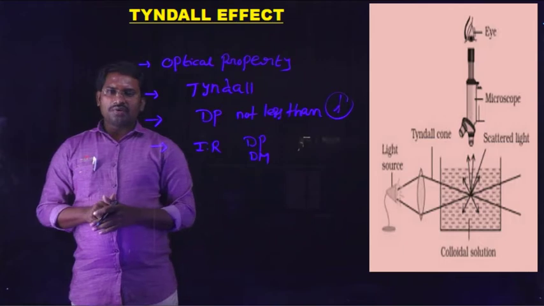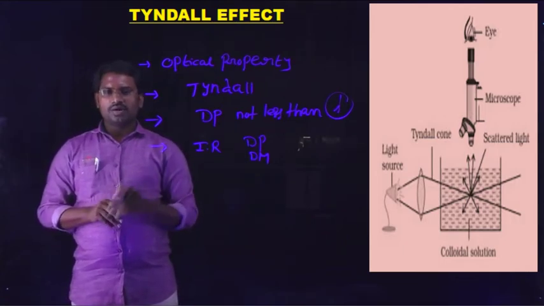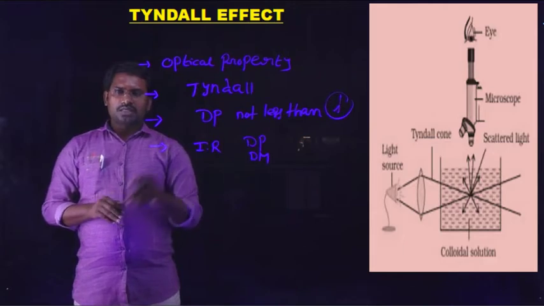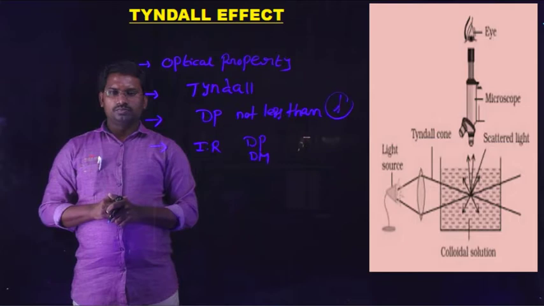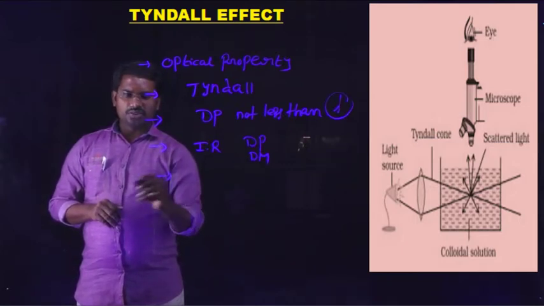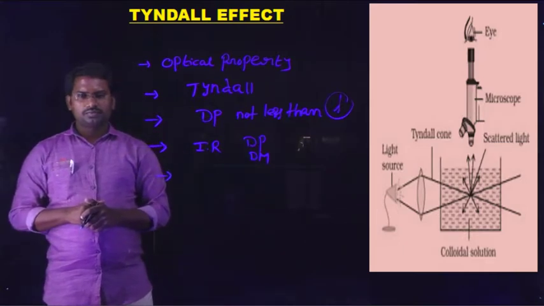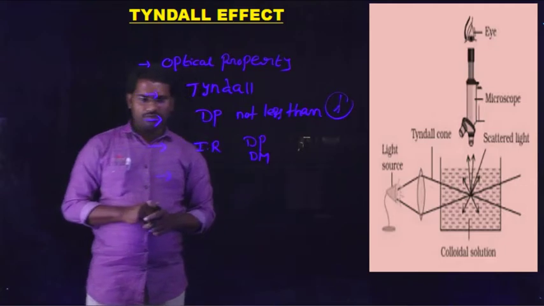There are many live examples of the Tyndall effect, in cinema halls, and when sun rays pass through a slit into a room. This was first explained by the scientist Tyndall.